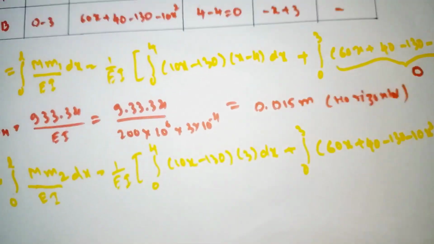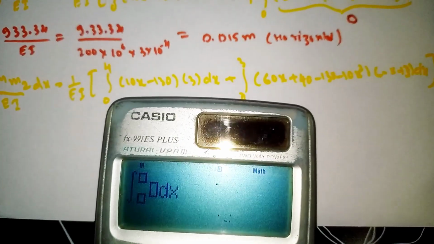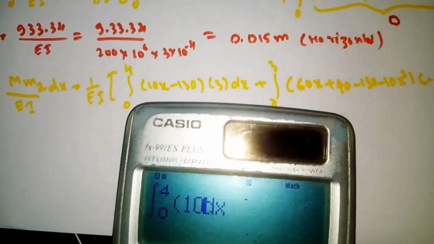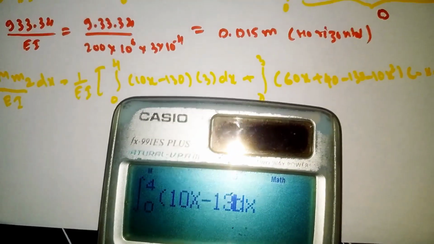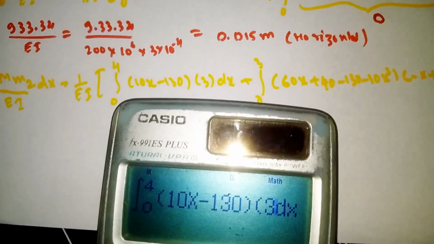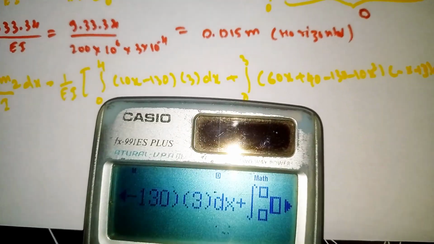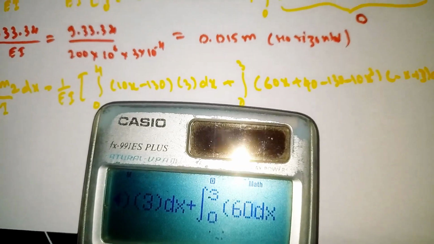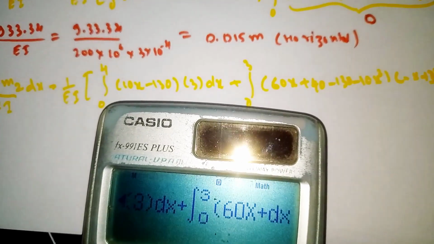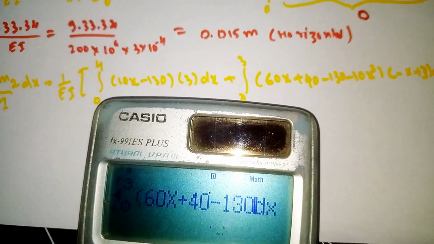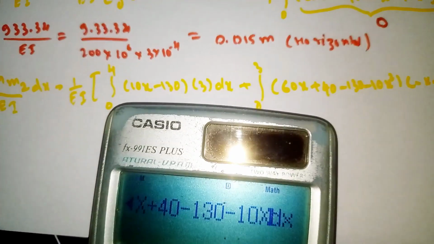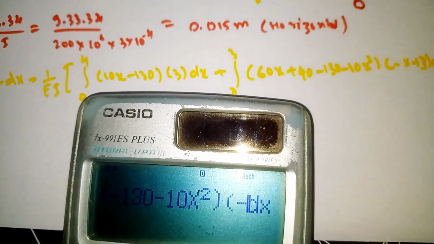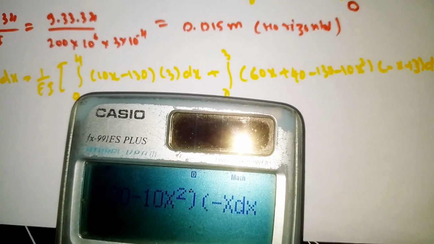And similarly for the vertical, solve it. Integration of 0 to 4 of 10x minus 130, close the bracket, into 3, close the bracket, plus integration 0 to 3 of 60x plus 40 minus 130 minus 10 into x to the power of 2, close the bracket, and again bracket, minus x plus 3.